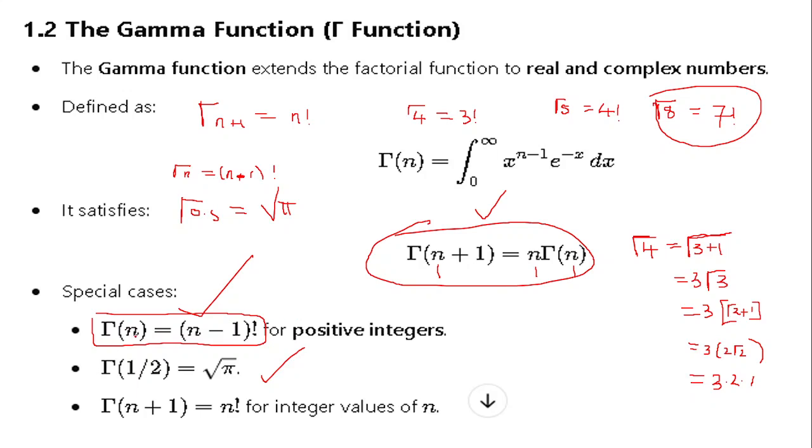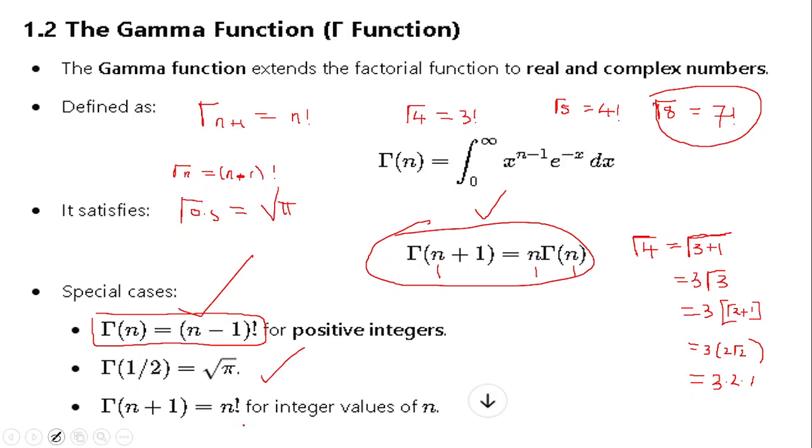Gamma of 8. If you see 8 here, you take 8 minus 1. Gamma of 4 will be 3 factorial. So gamma of 8 will be 7 factorial.